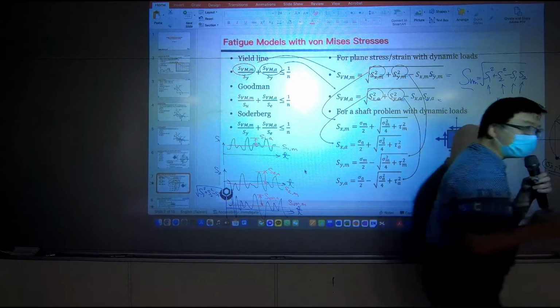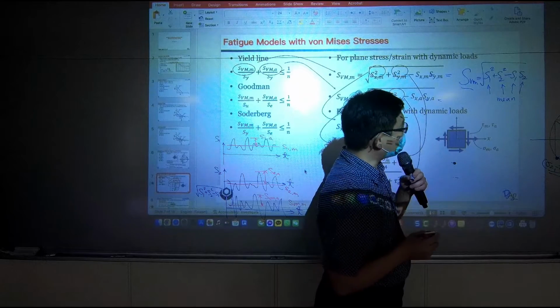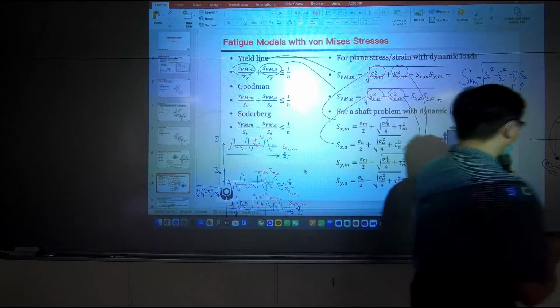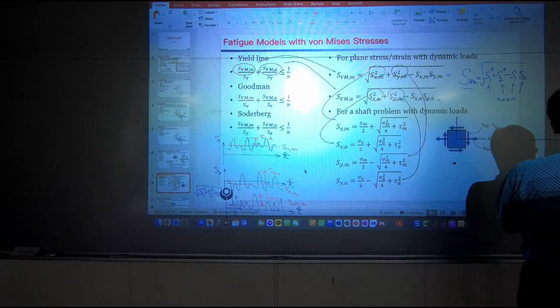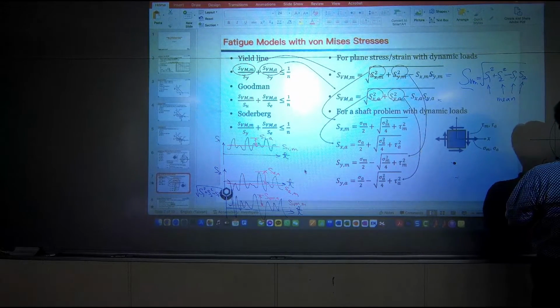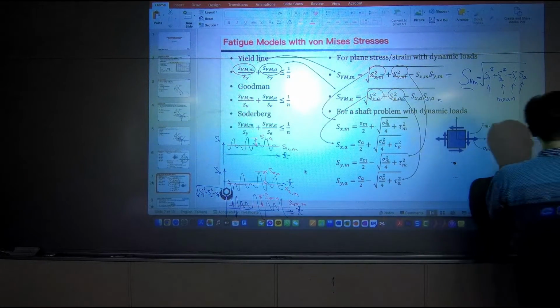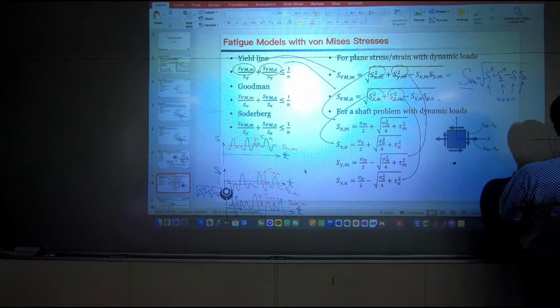If this is the only fluctuating load, the Mohr circle changes. This is the first, and the other one will be like this.